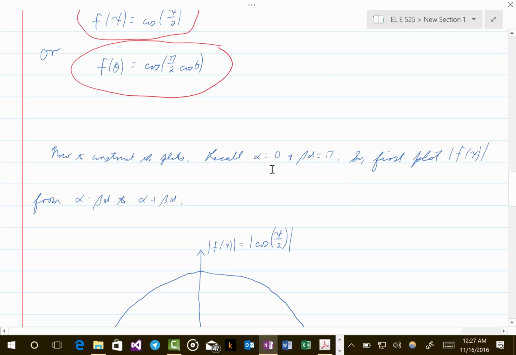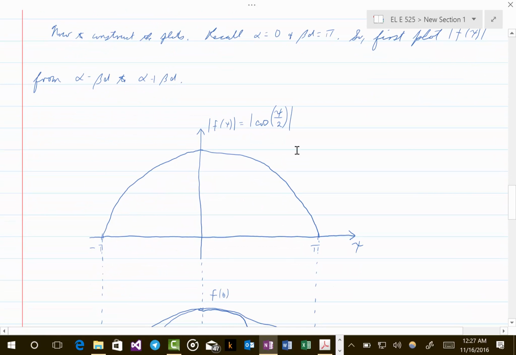So we're going to have a polar plot from 0 minus pi to 0 plus pi, or in other words, from minus pi to pi. So let's first plot the magnitude of f of psi, the universal array factor, over that region. As we've already said, f of psi is cosine of psi over 2, so when we plot that from minus pi to pi, we will get this plot right here.